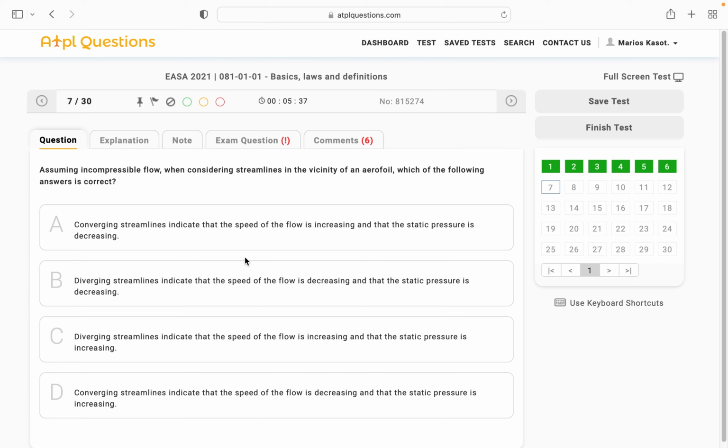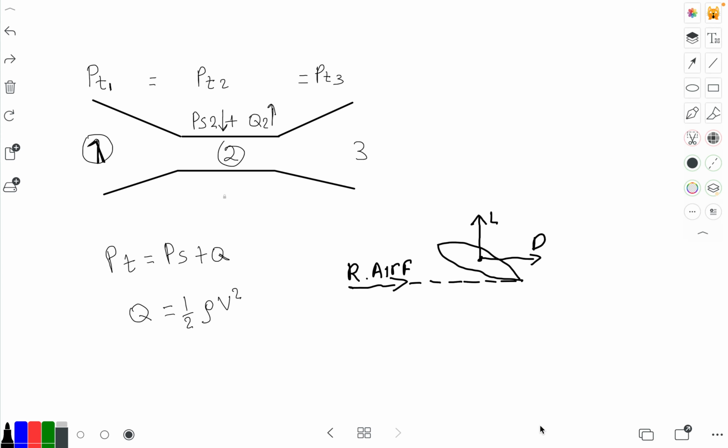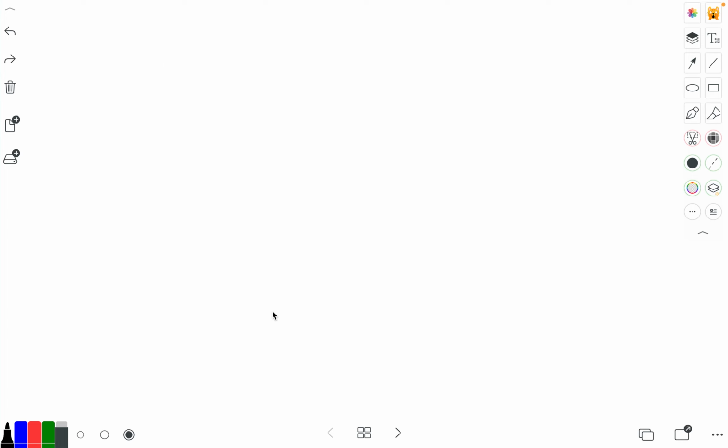So, obviously the correct answer is A, but let's draw the picture. Let's draw an airfoil over here.